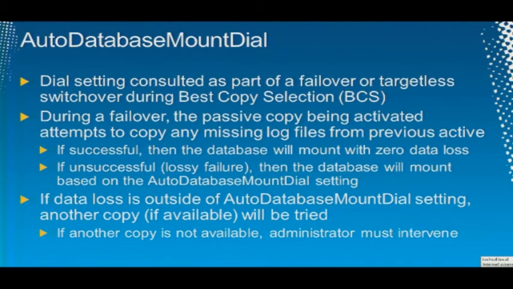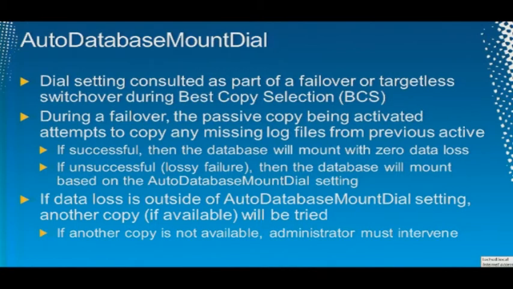There's going to be log files that could not be copied over. Obviously, if Active Manager is able to copy all the logs over, it's not going to be a problem. There won't be any missing log files, and even if you're set to lossless, the database will still mount. But we try to copy the log files over, and if that doesn't work, we stop that process, and then we look at the auto database mount dial.